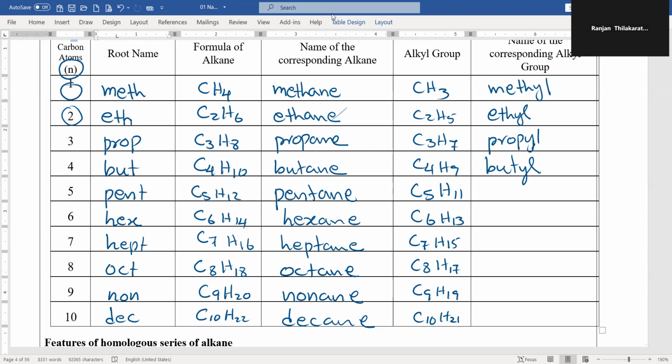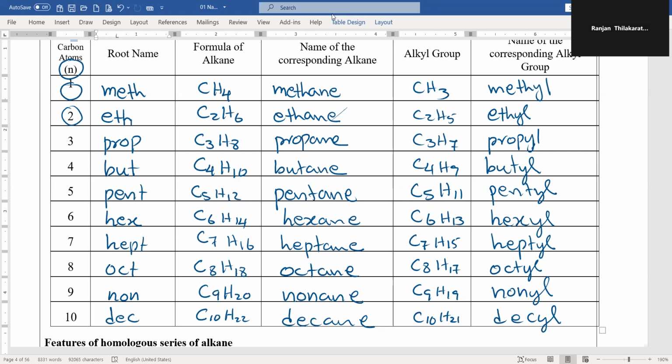Then the names pentyl, hexyl, heptyl, octyl, nonyl, and decyl. Like that. This is called the homologous series.